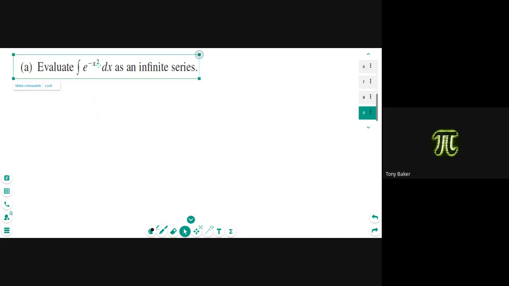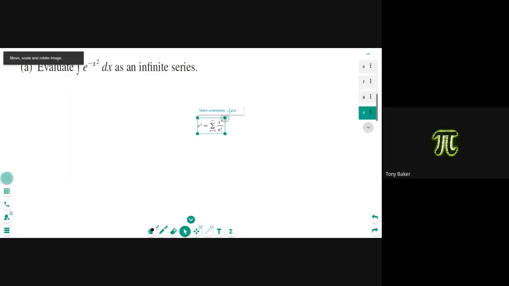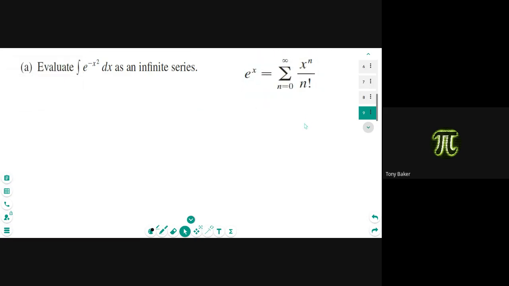All right. So what was the summation for e to the x? One over n factorial times x to the n. Right. Very first one we did, right? That one. All right. So if x is now negative x squared, we would just replace the x with negative x squared, right?